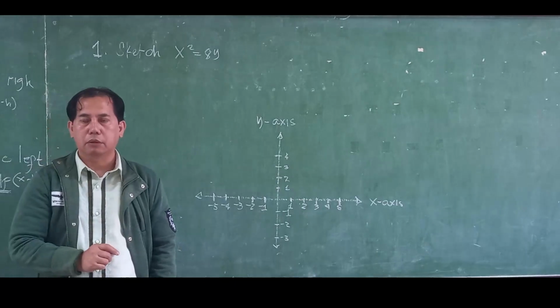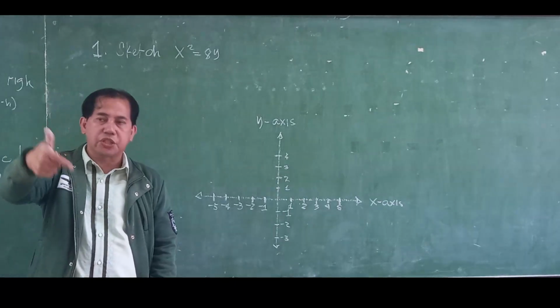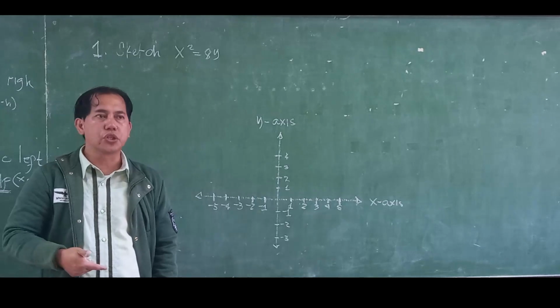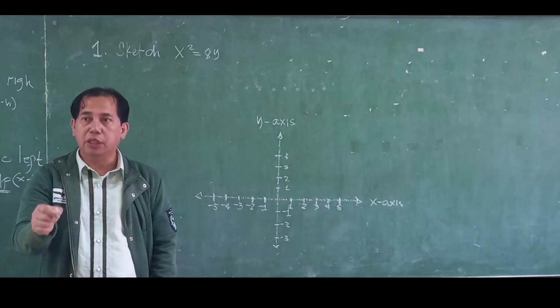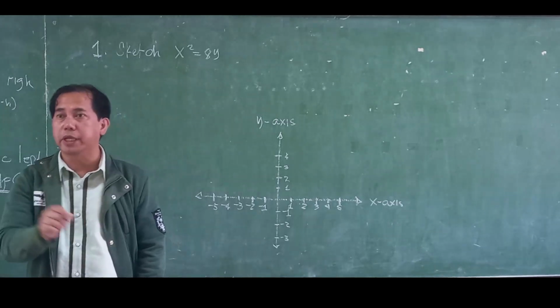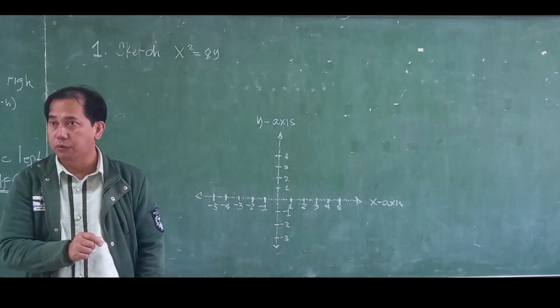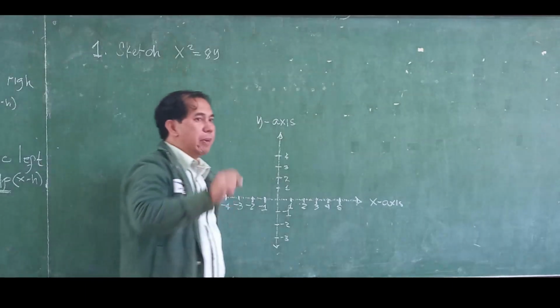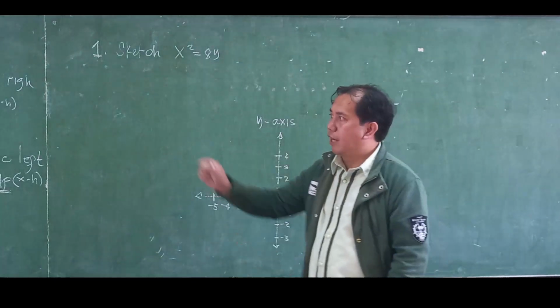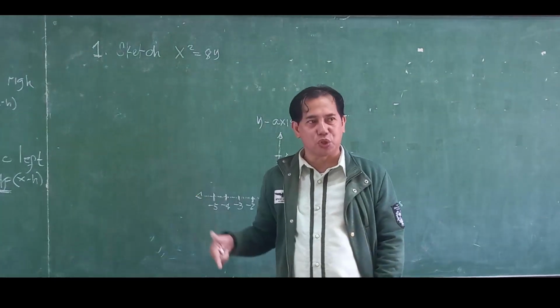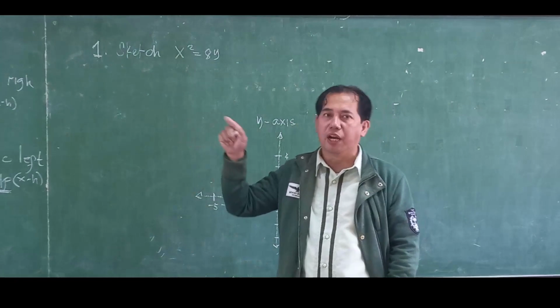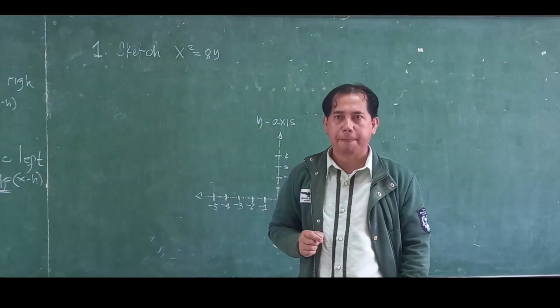Number three, if you locate these things, meaning to say, you can now determine the opening. Claro. So that, upon knowing the opening, you can now decide what to make use of as your standard equation of the parabola. Okay?